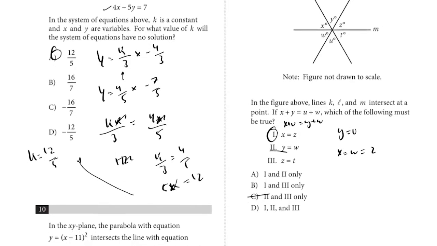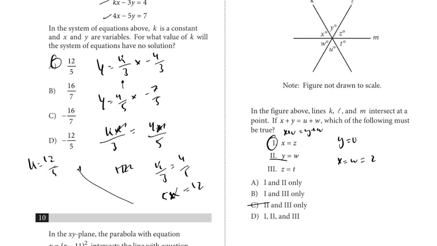We'll see. So since we have x equals w and z, right, which is also going to be equal to t, because x and t are opposite angles, right? If that all equaled, let's say, I don't know, 70, right? And we have y equals u, and that could equal 40, right?